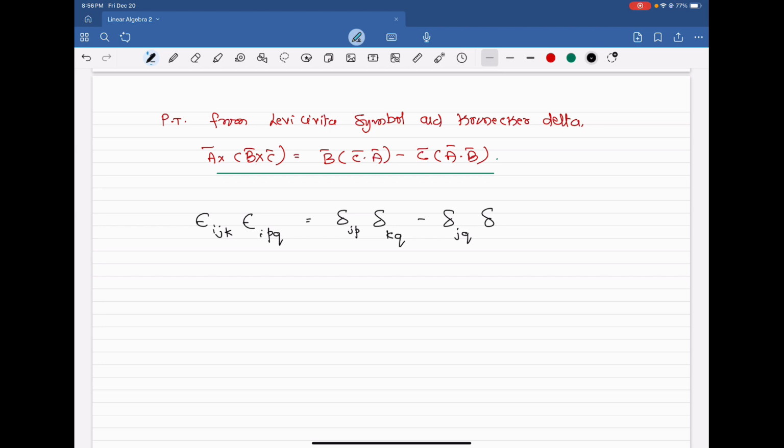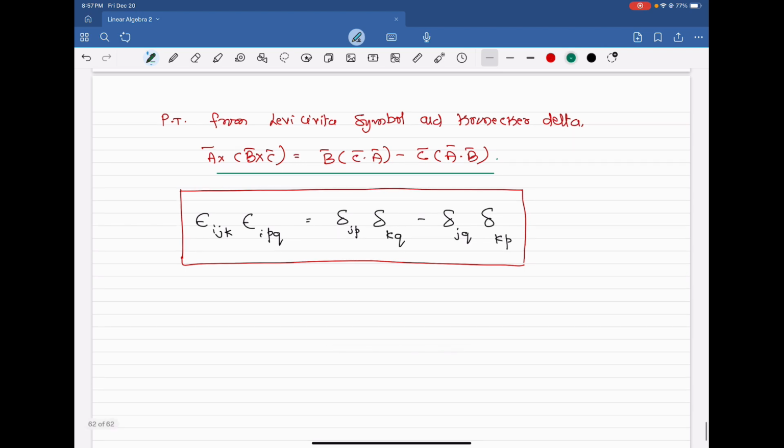Delta kp. This is a very, very, very important equation relating Levi-Civita symbol and Kronecker delta. You just see here. You just try to understand how I related. This is delta jp. How did we get delta jp? Just see.